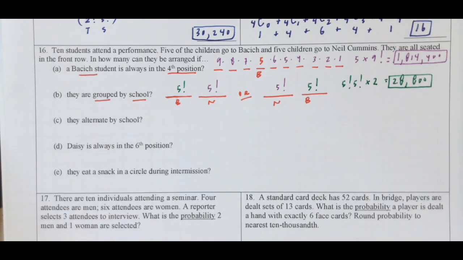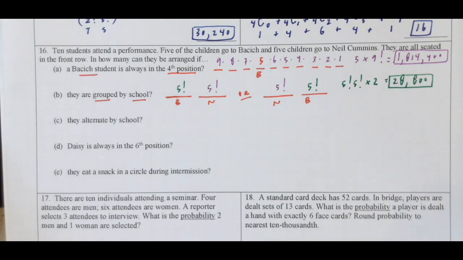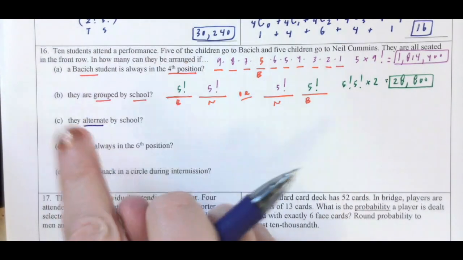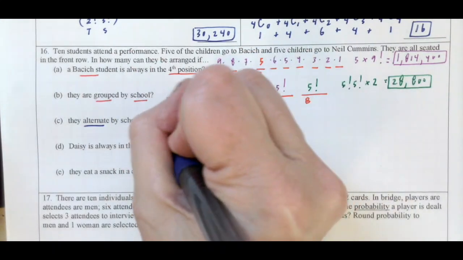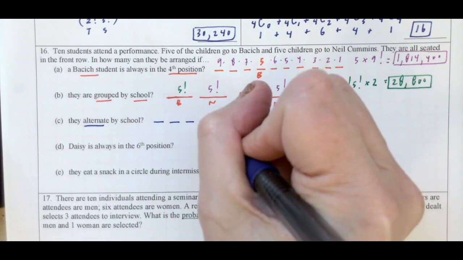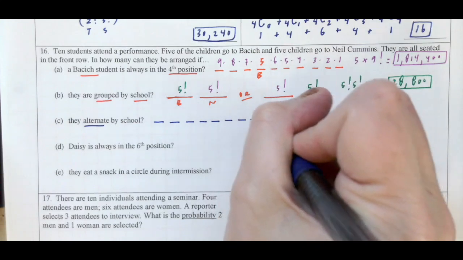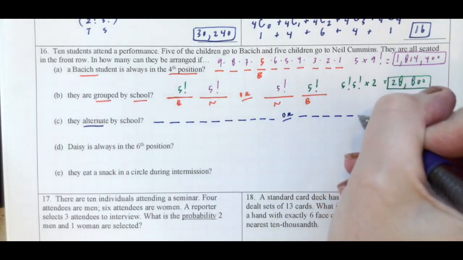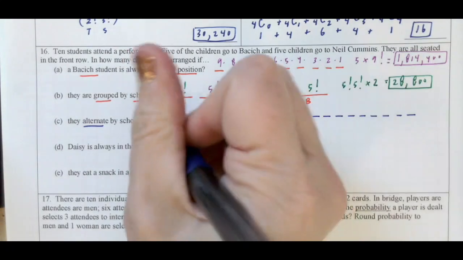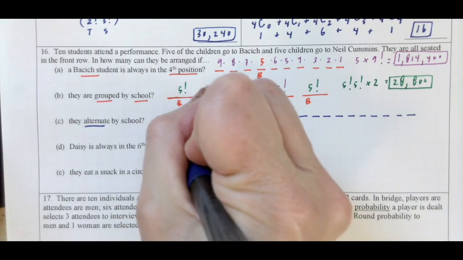Okay, they alternate by school. Well, we have the same amount of Basich and Neil Cummins, so it really doesn't matter who goes first. Let me lay out 10 tiles. So it could be Neil Cummins and then Basich.